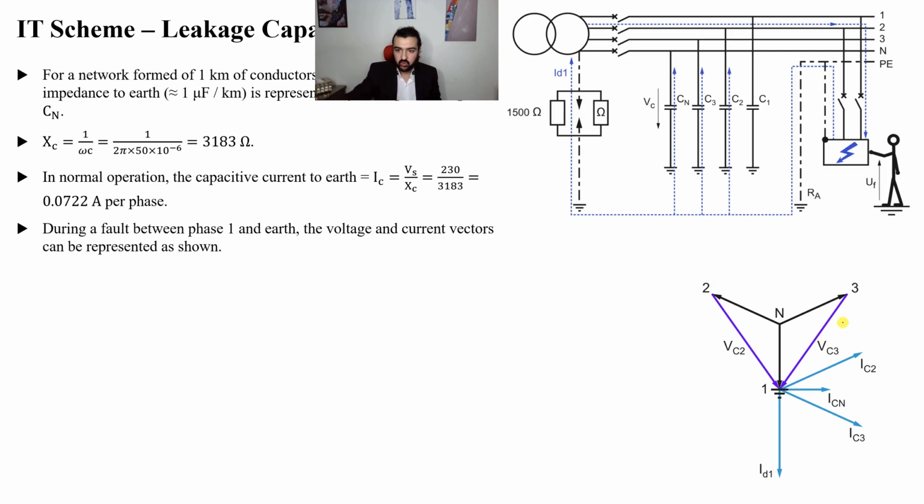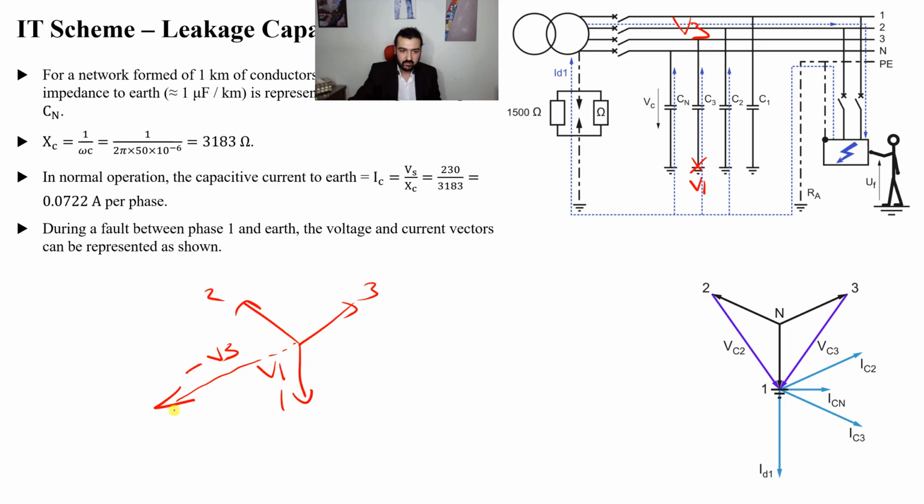Similarly, for this one, I need V1 minus V3. So we have them like this, 3, 2, 1. With these directions, I need V1 and negative V3. Add these two vectors together.